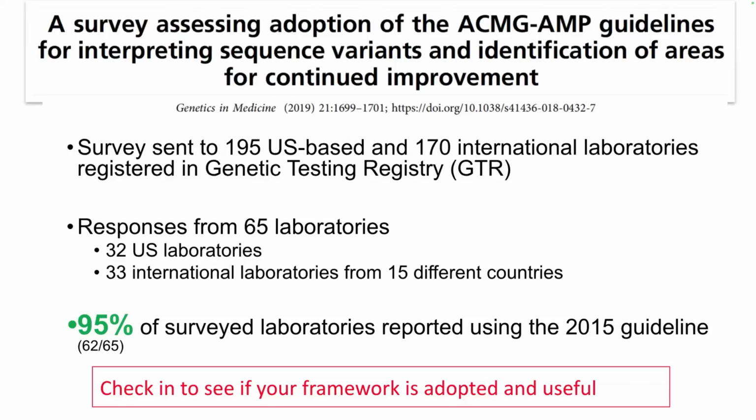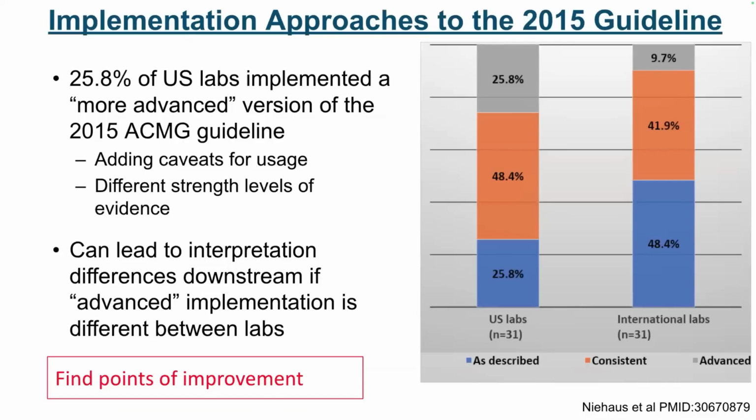We got responses from 65 labs, and 95% of these labs reported using the guidelines. So really, once you have a framework, you can't just pat yourself on the back, give it to everyone, and go right off into the sunset. You need to check in and see if your framework is adopted and useful. People are using it, but you need to find points of improvement too.